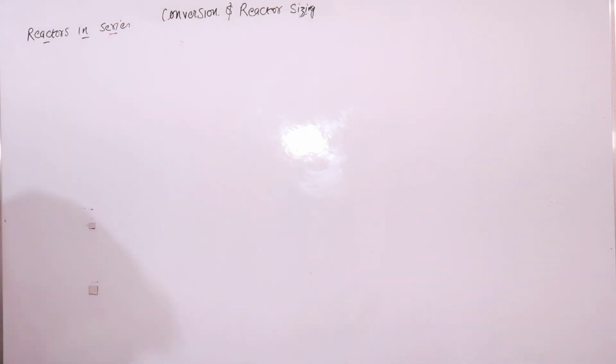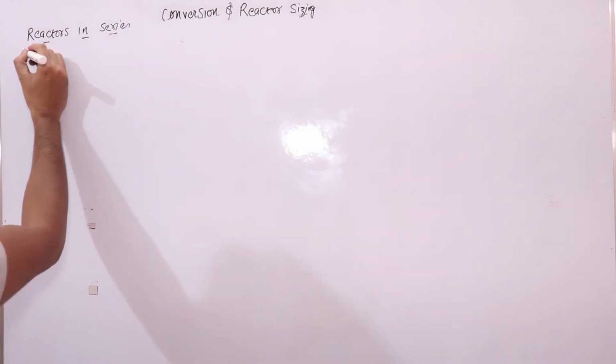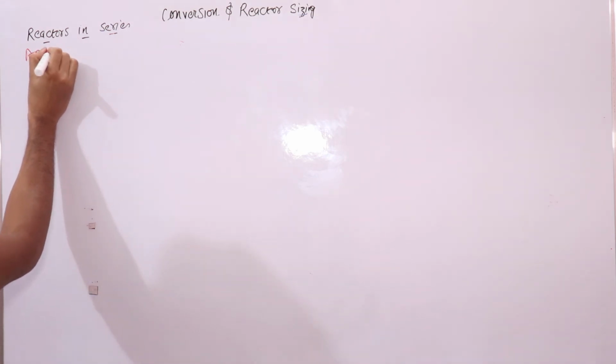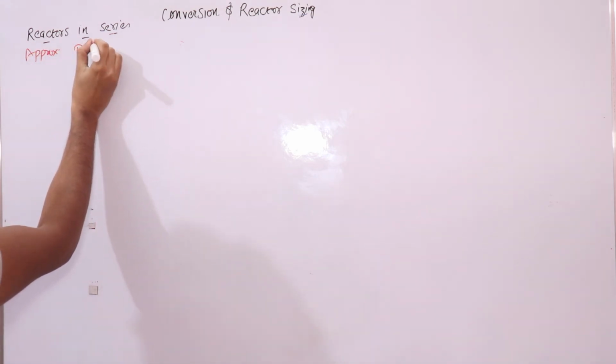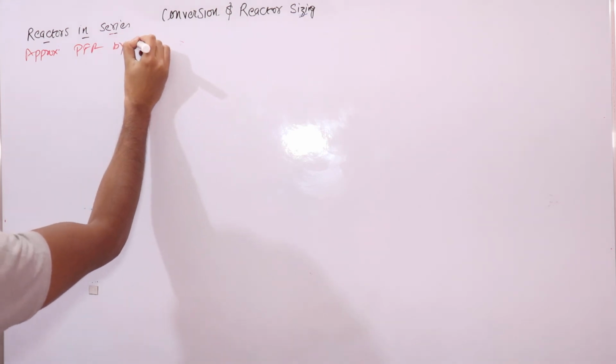Now, one small thing that we want to compare is approximating a PFR by a large number of CSTR, right?